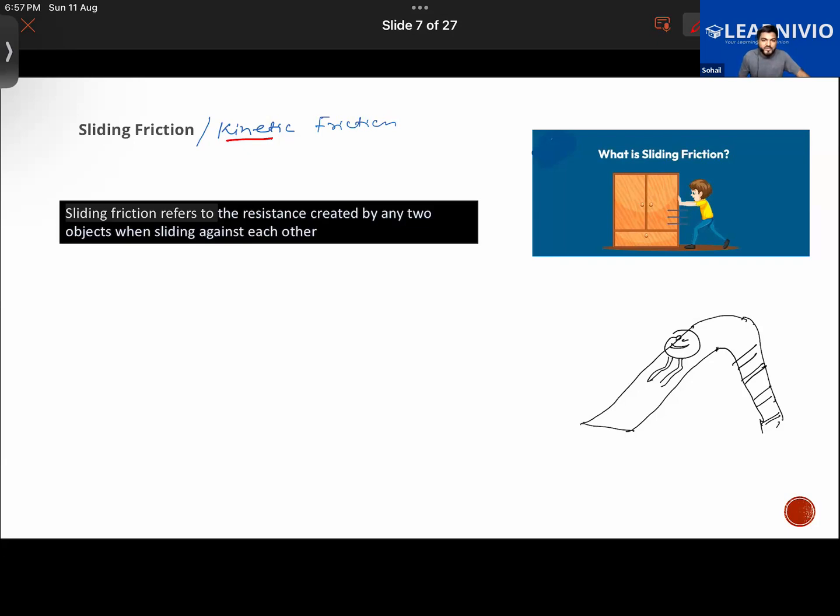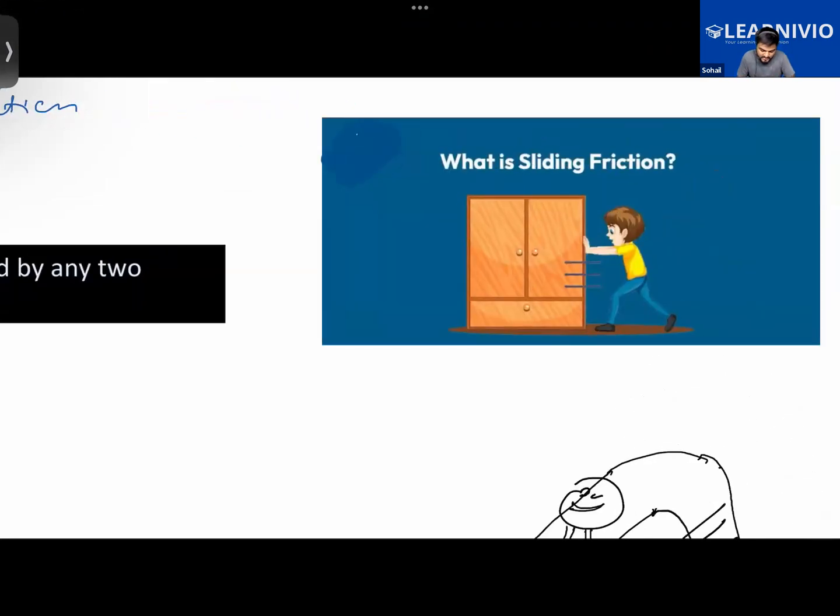It is the friction that opposes the sliding of one object over another. As this boy is trying to slide this almirah over the ground, he is able to move it, but with some resistance also.